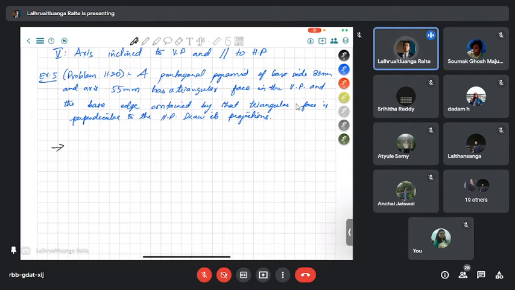All right, so from this condition, we can see that the pentagonal pyramid has a face in the VP, and one of the edges of the base is perpendicular to the HP.